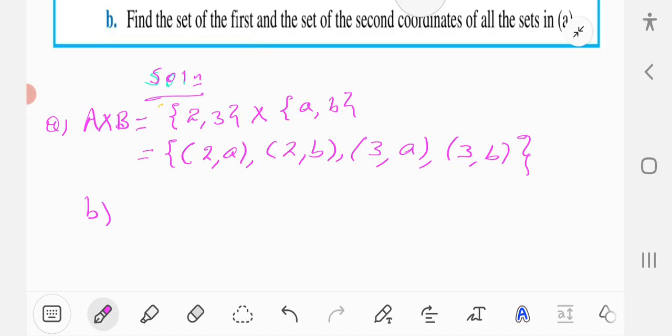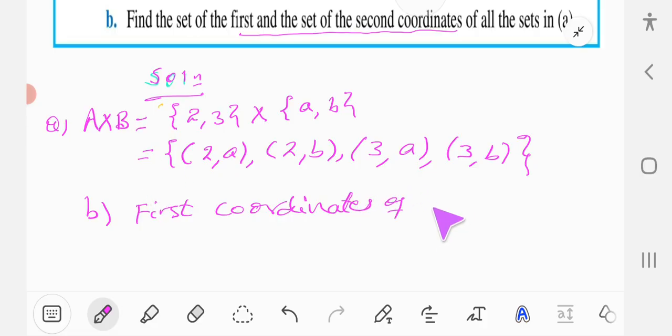You are asked to find the first coordinates first, of what was calculated at A, that means A cross B.